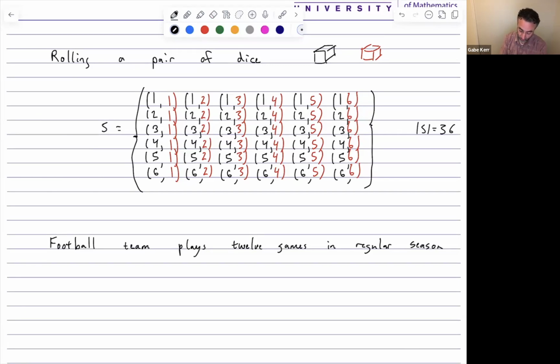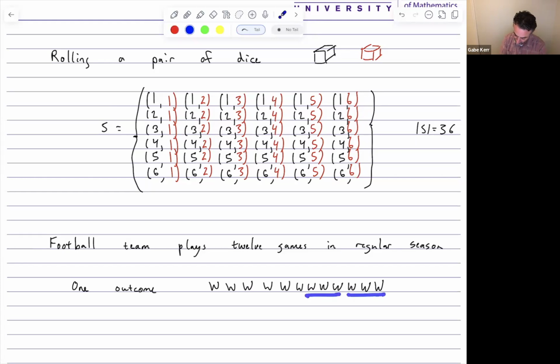So one outcome, if you're hoping very much, would be that every single game is a win. So 12 wins. This would be one outcome where your team really did well and you're very excited.